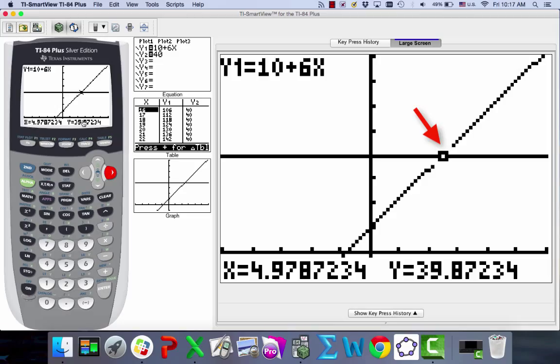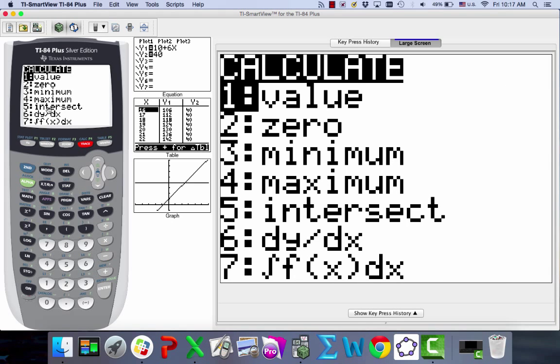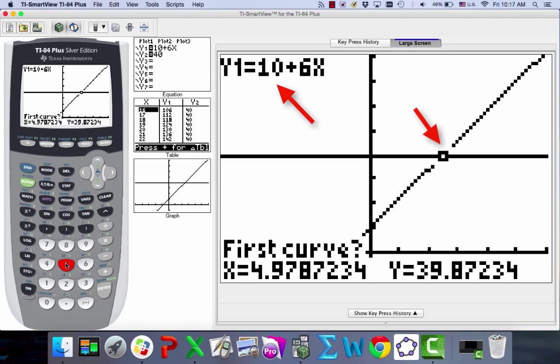So this is a very close approximation, but we can get even closer if we let the calculator figure out where that intersection is. We do that by using the blue key with the trace to get us into the calculate mode. You'll notice option 5 is intersect, so you press that, and then it's going to ask you some questions. Right now we're sitting on the graph 10 plus 6x, and that's our first curve.